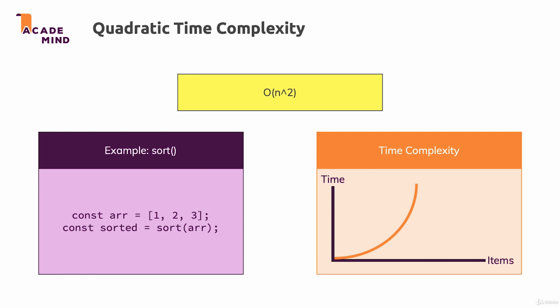So that means the more items we have, the longer it takes, but this grows exponentially, so to say. So it's not growing in a linear way, but instead at a faster rate. Now, needless to say that, of course, if possible, you want to avoid quadratic time complexity because you'll quickly reach a point where operations take super long or might not be solvable at all.